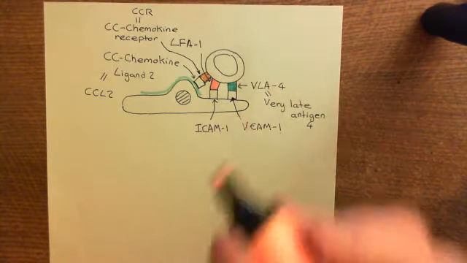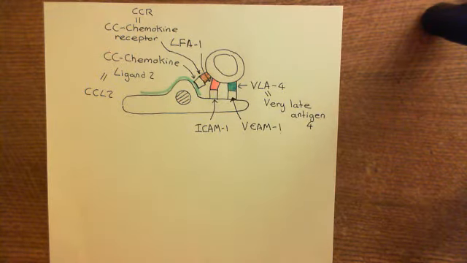Then what you've got is a tight adhesion between the monocyte and these molecules on the surface of the endothelial cell. What will now happen is the monocyte will undergo diapedesis. It will move through the gap between two neighbouring endothelial cells into the interstitial fluid, and when it gets there it will differentiate into a macrophage, and now it will phagocytose the Staphylococcus aureus that is in the interstitial fluid.